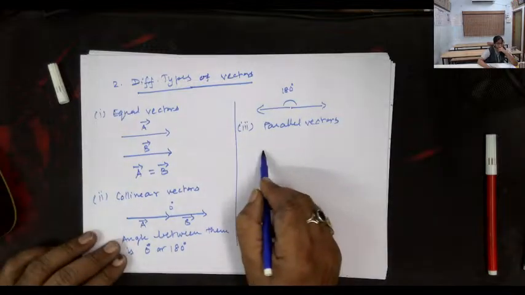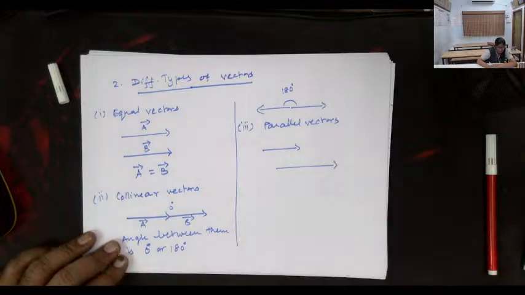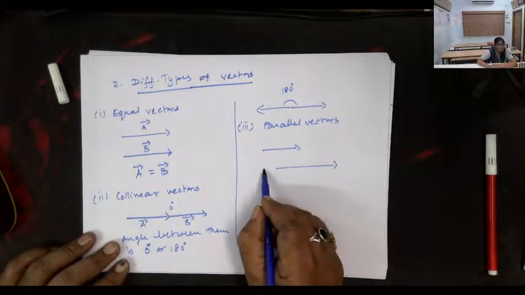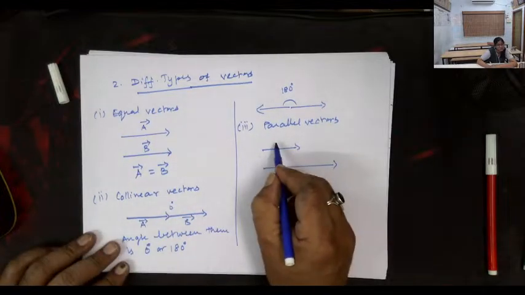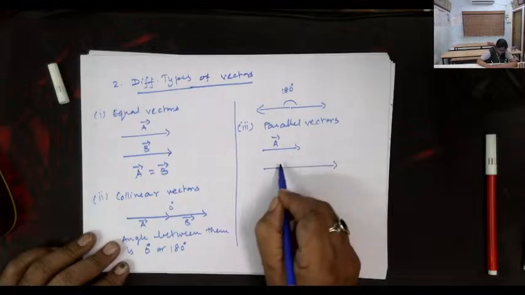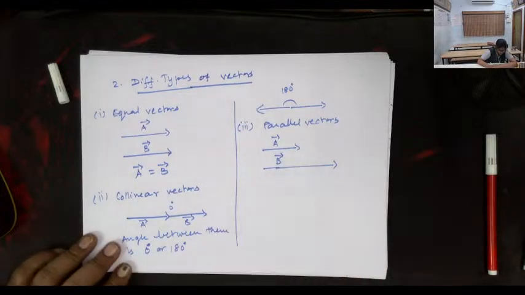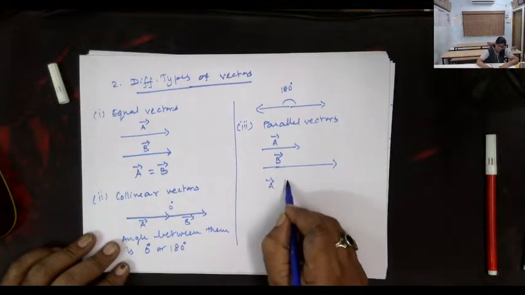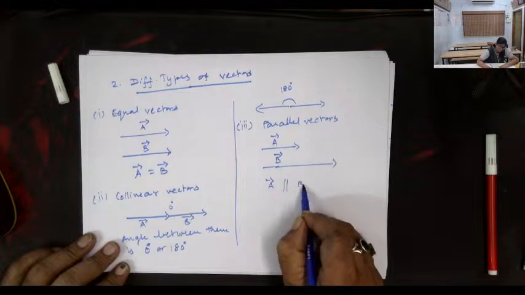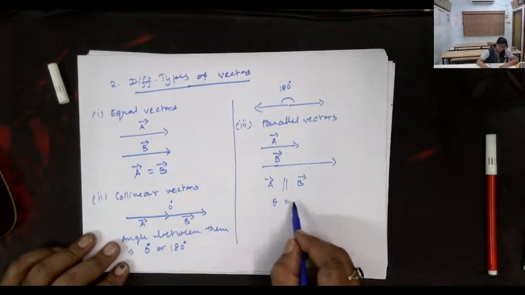So it can be like this. See that they are parallel, need not be equal. So vector A is parallel to vector B. In that case, theta is equal to 0 degree.